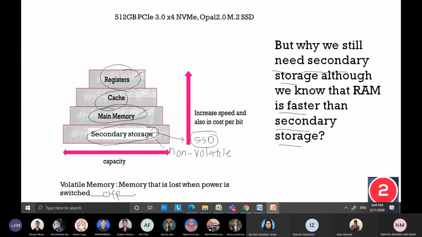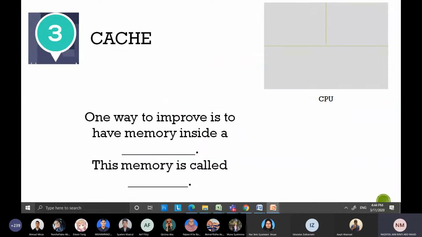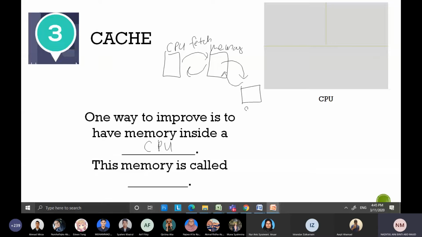One way to improve the memory in our computer is to have memory inside where? Inside the CPU, yes, good. Before this, we learned that we have the CPU, which fetches from the memory, and the memory gets the programs from the secondary storage.